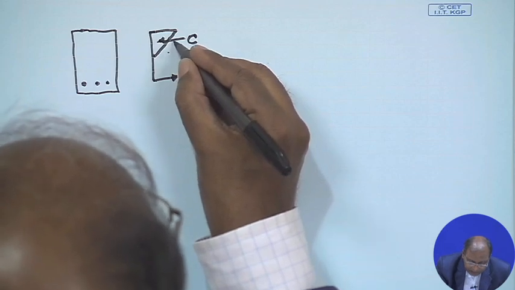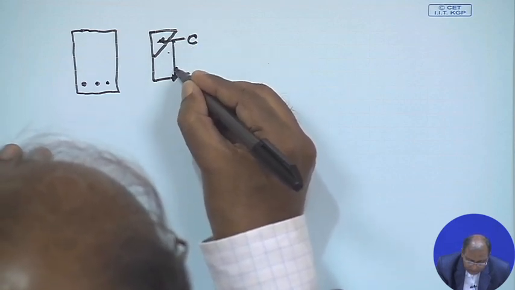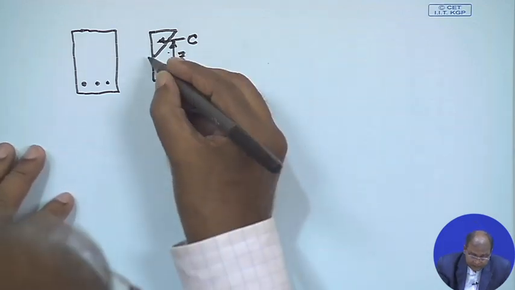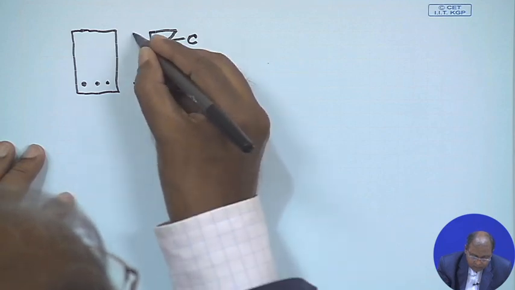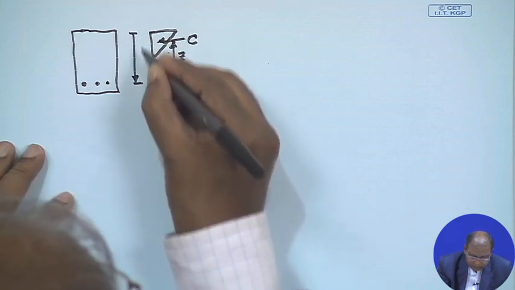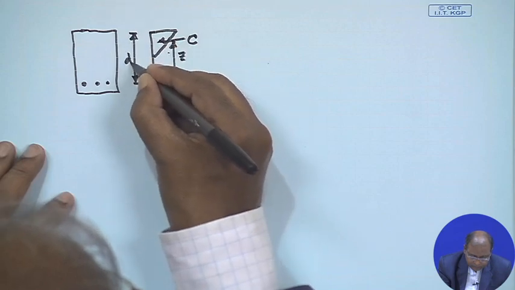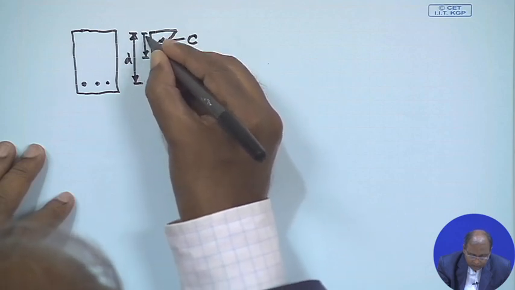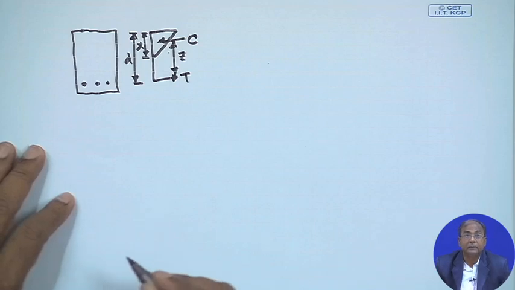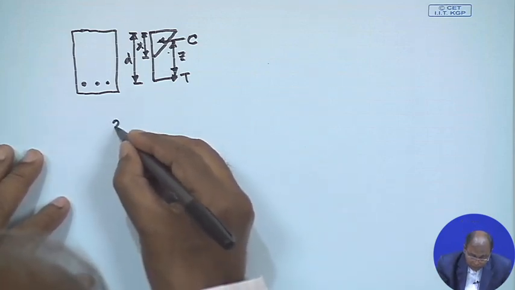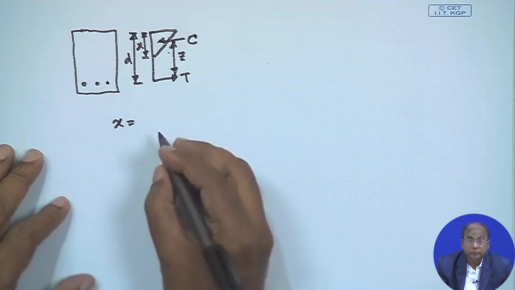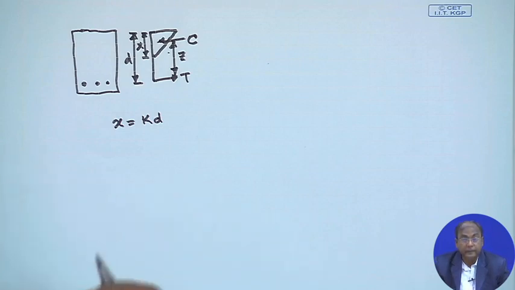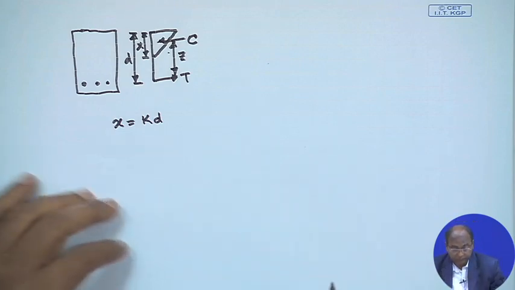And we have a lever arm. This is D, and this one is X, so X equal to kD.